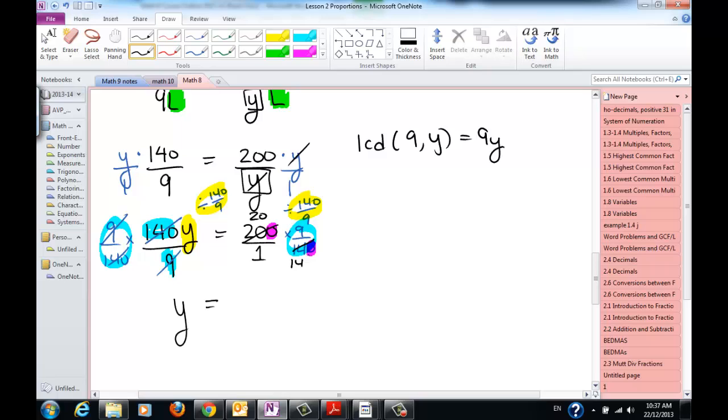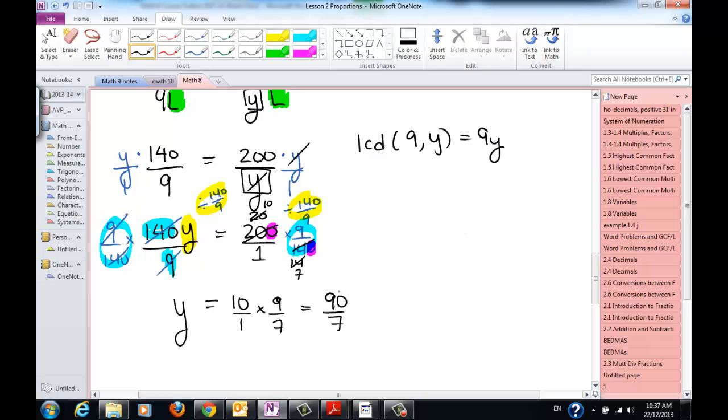And then, again, 20 and 14 are both divisible by 2, so I'm going to reduce this to 10 and divide this by 2, I get 7. So what do I have? Just so I can see, I've got 10 over 1 multiplied by 9 over 7, which is just equal to 90 over 7. There's nothing I can reduce there anymore.